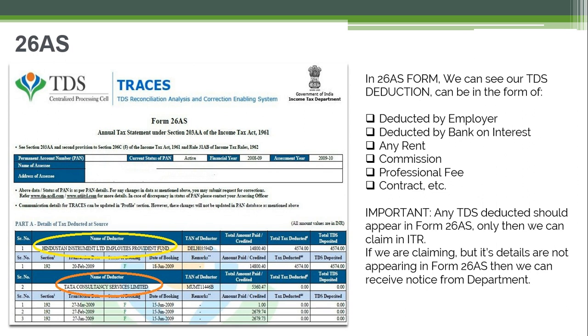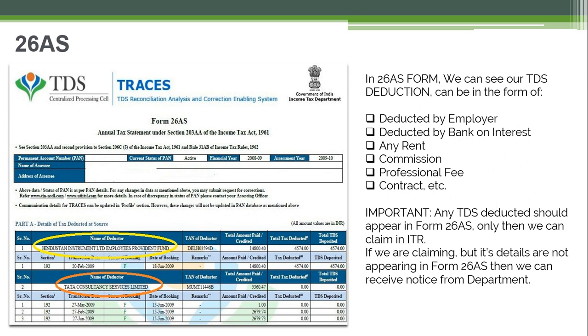Otherwise, if we are just claiming that this much TDS has been deducted, but its details are not appearing in form 26AS, then we can receive a notice from the department asking on what basis you have filed an ITR with this much TDS amount when it is not appearing in your form 26AS. So when you are filing your ITR, form 16 is anyhow an important factor.